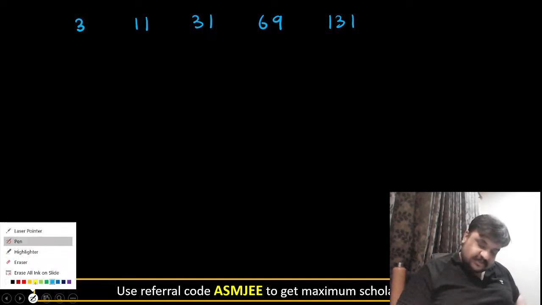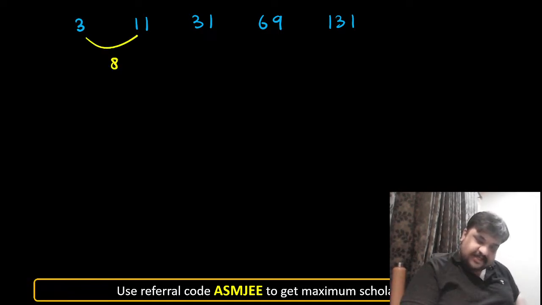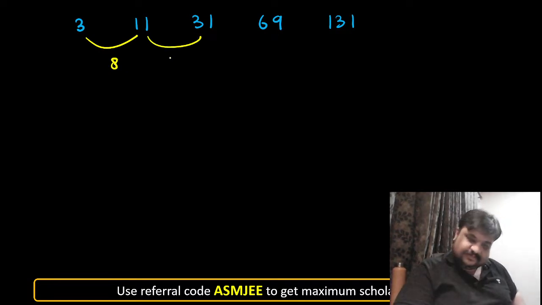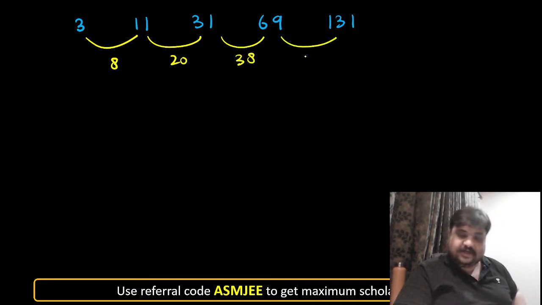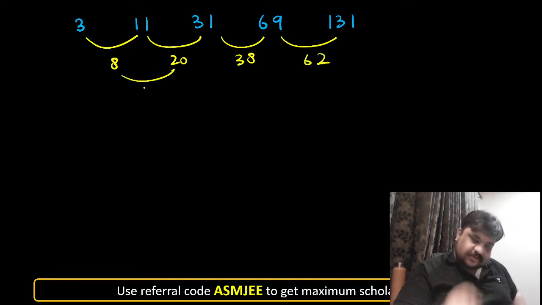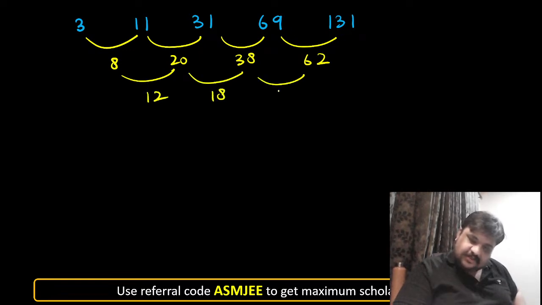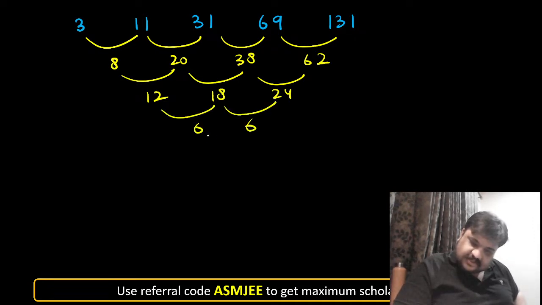Simply do the differences. Difference 8, 20, 38, and 62. 12, 18, 24. 6, 6, 0.